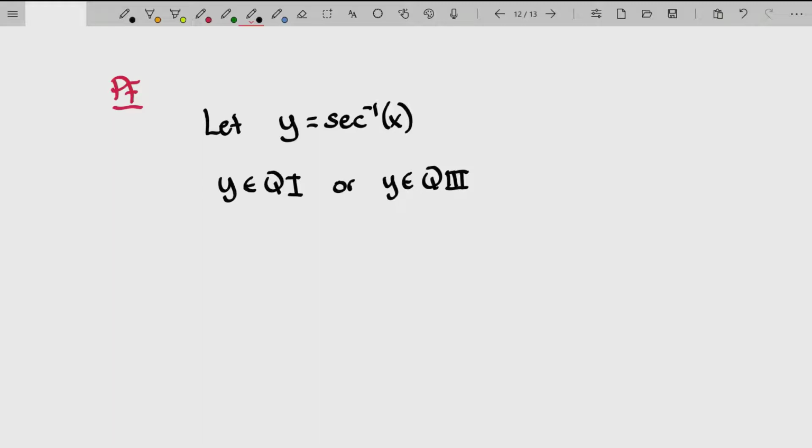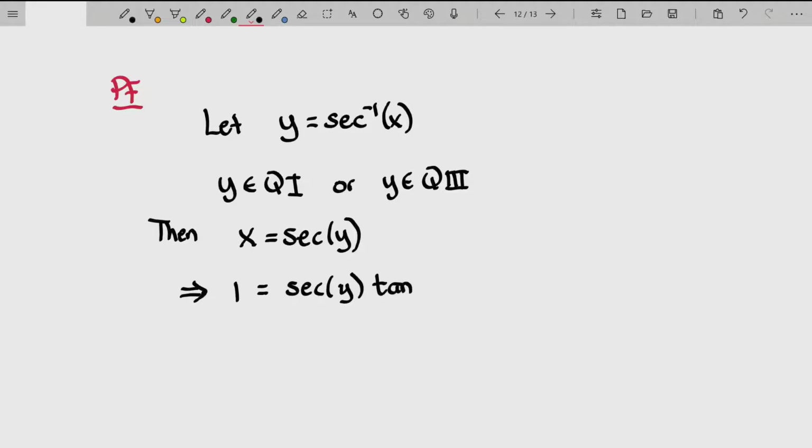Well, if y is equal to secant inverse of x, then x is equal to the secant of y. And I'll go ahead and take the derivative of both sides. The derivative of x with respect to x is 1. The derivative of secant is secant tangent.